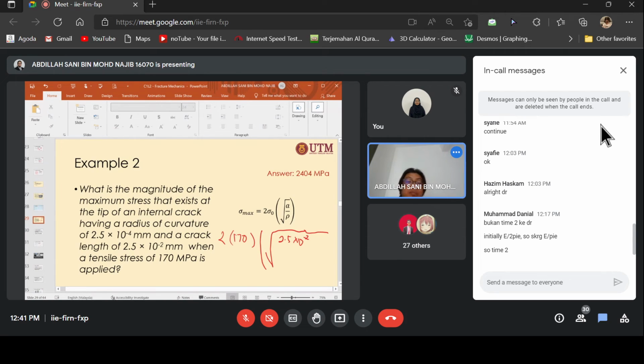It should be in meter. Oh no, not square, it's just the length. You need to divide by the 2.5 times 10. Just cross this out, you get the root.